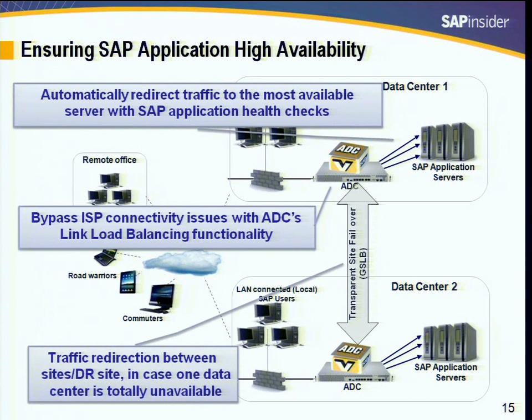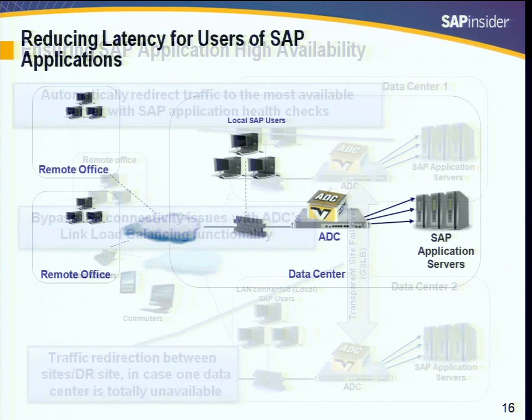It's called LLB, or link load balancing, where you would route user requests, and if that ISP is down, then you would route that user to the other ADC to process the application from a different data center. So that's link load balancing. This is another way of providing disaster recovery, right?